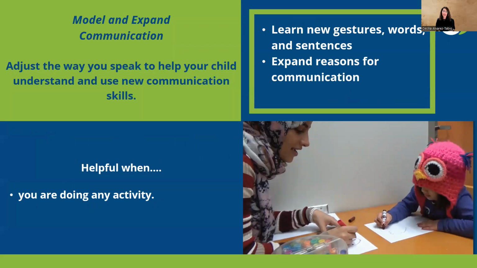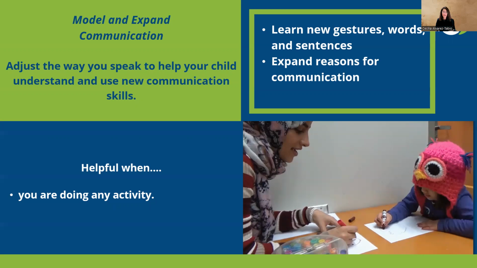Some children have difficulty understanding language when we use too many words or speak too quickly. By changing the way you speak, you can help your child understand what you say and learn new communication skills. Modeling involves talking about what your child is doing, seeing, and hearing.